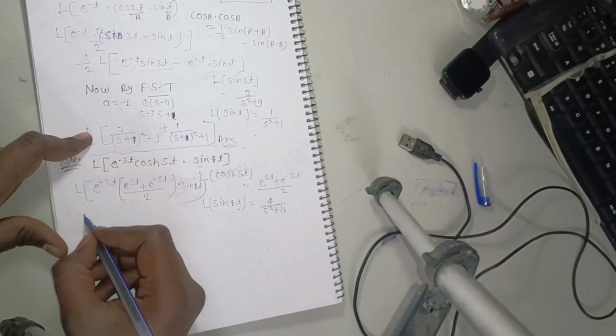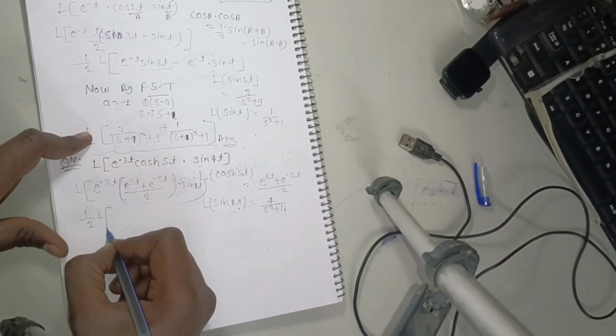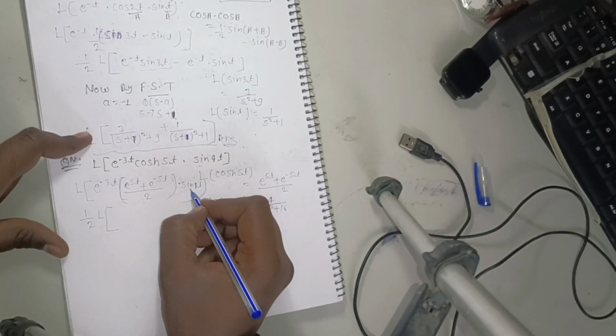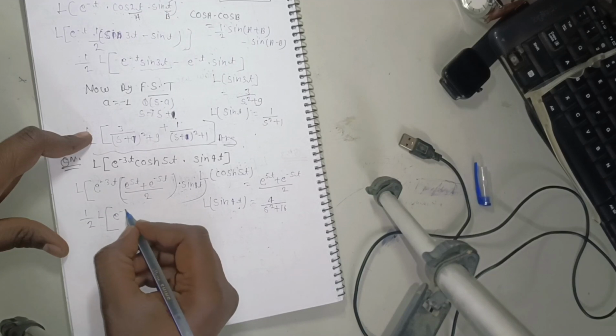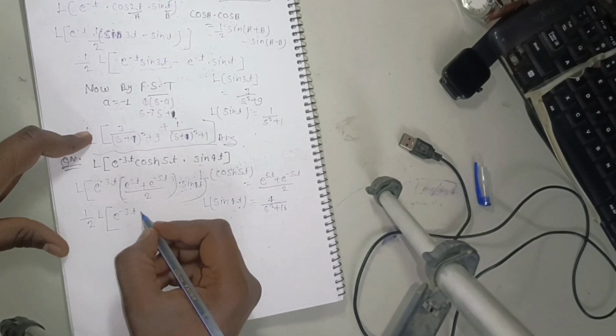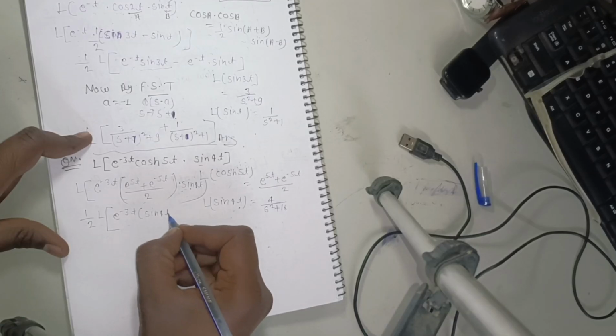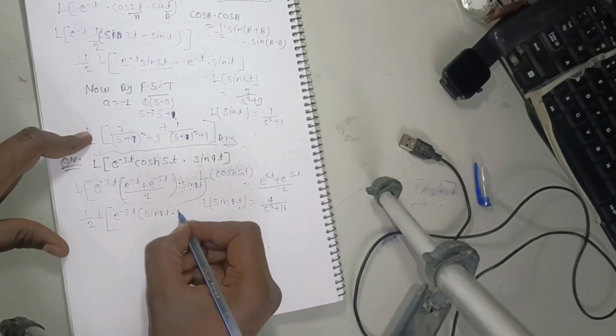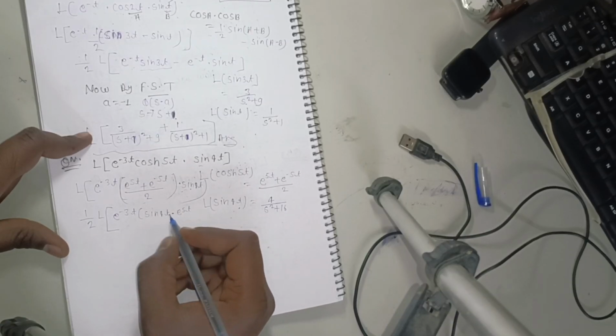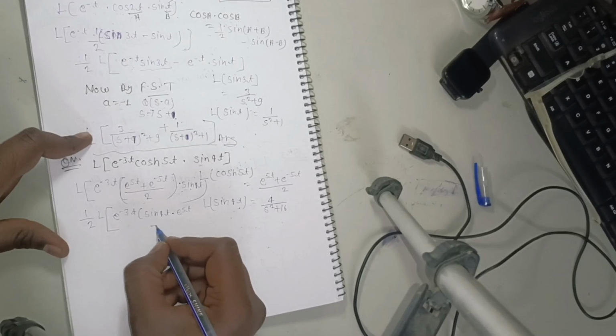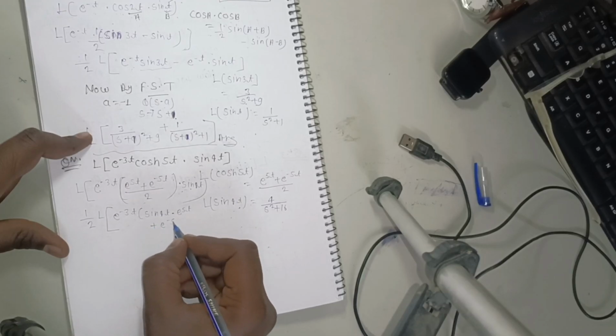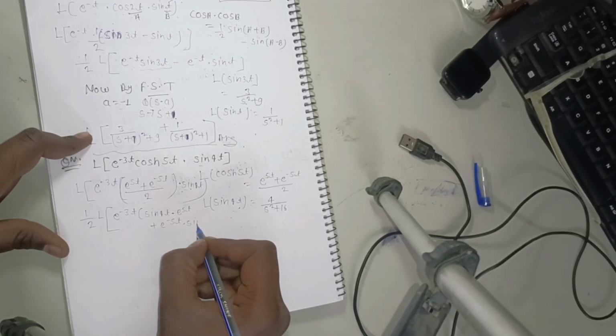So I can take 1 by 2 common. 1 by 2 Laplace of, as I can see, sine 4t e to the power minus 3t into e to the power 5t, plus e to the power minus 5t into sine 4t.